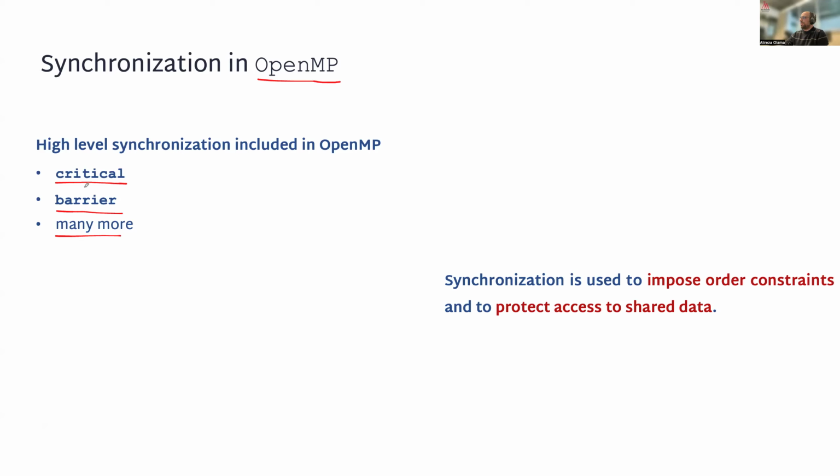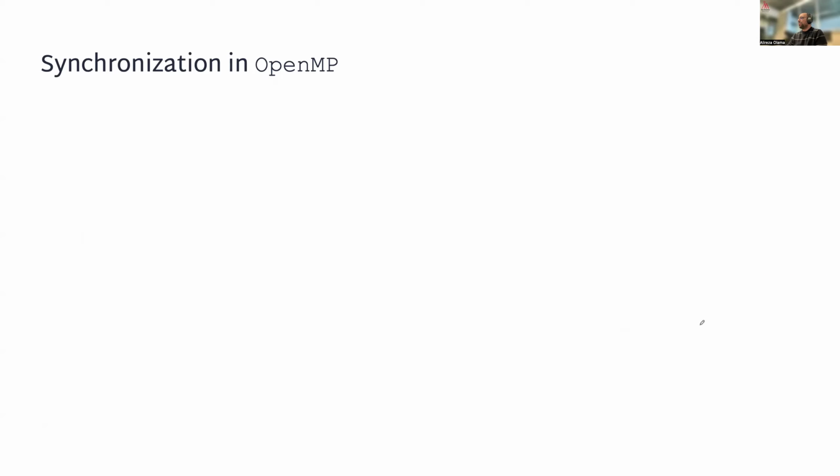But today, we just talk about the critical and barrier. For others, you should take a look at the documentation. So let's see what this critical and barrier do. Basically, what they do is to impose some order constraint on the thread execution to protect the shared data or to avoid this race condition.